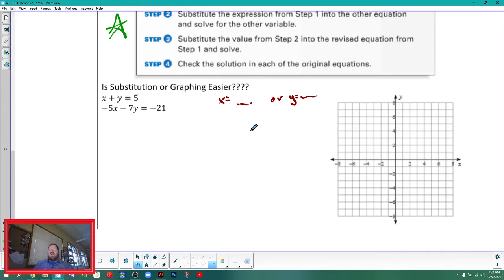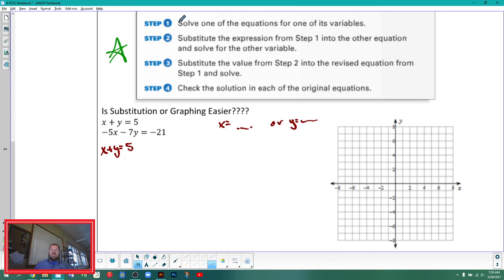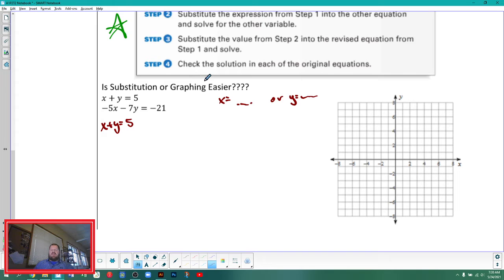That's the marquee of knowing that I want to use substitution, if I have one of these two types of equations, and this has neither. So I'd actually have to take maybe x plus y is equal to 5 and do step 1 in this graphic here that I haven't done yet, and that is to solve one of the equations for one of its variables.